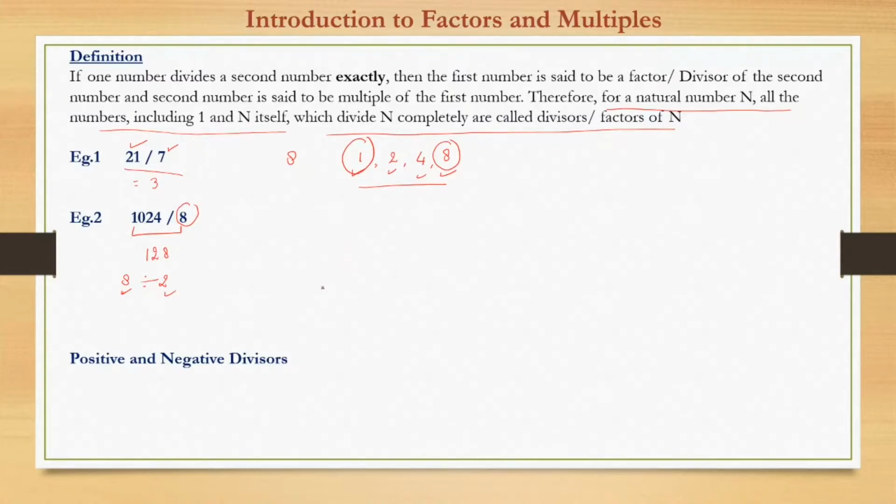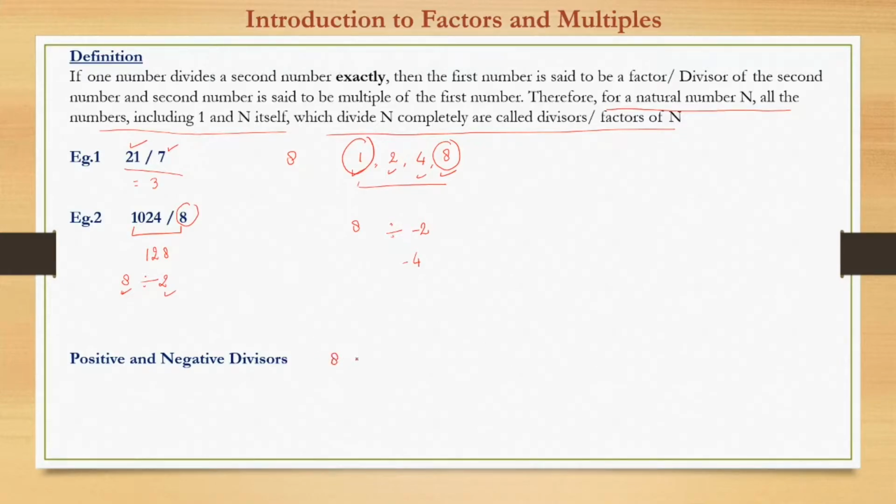Now as we can see, so far we have been dealing only with positive numbers, but can 8 not be divided by minus 2? Yes, it can be divided. If we divide 8 by minus 2, we will get minus 4 as quotient. So it can be divided by negative numbers also. Along with positive factors, there can be negative factors also.